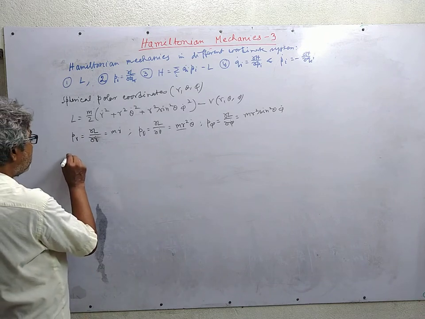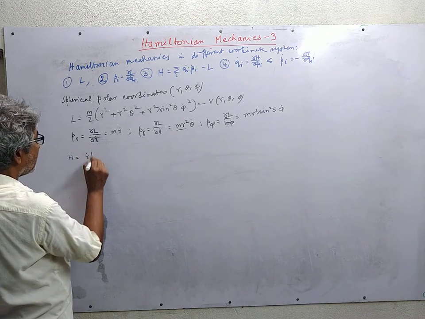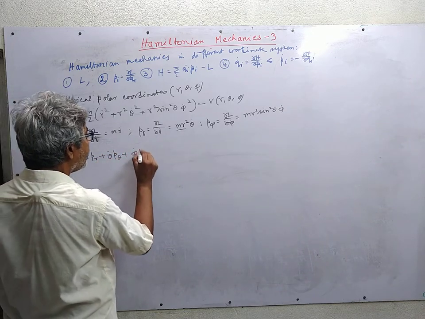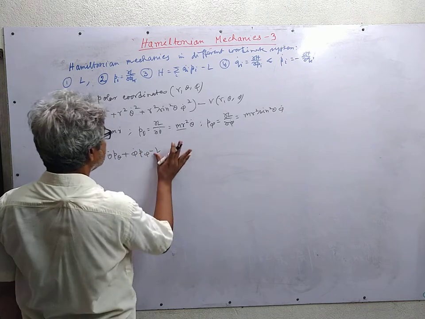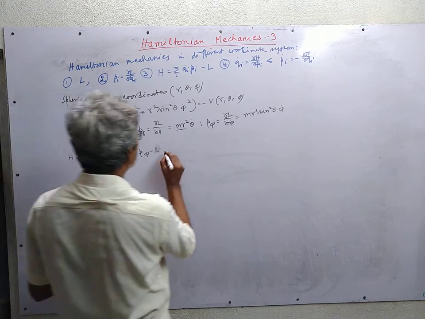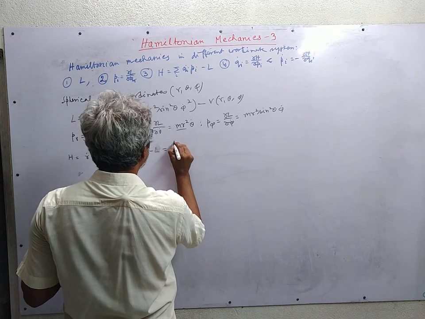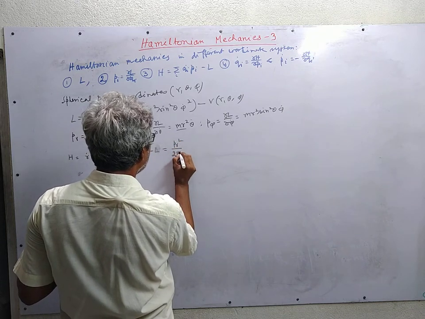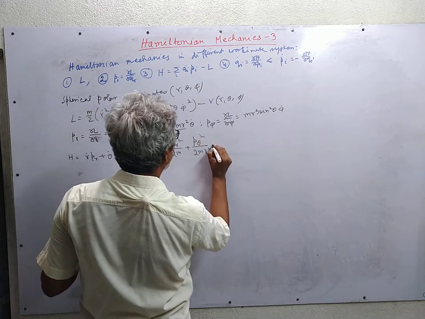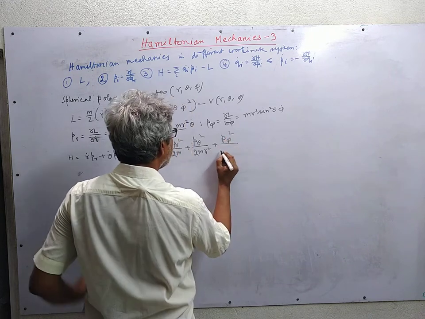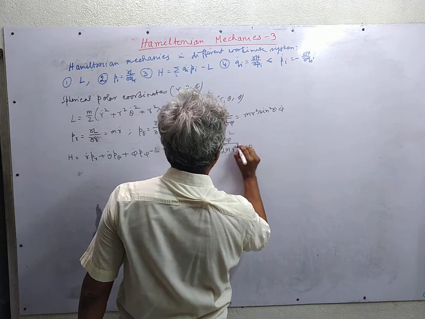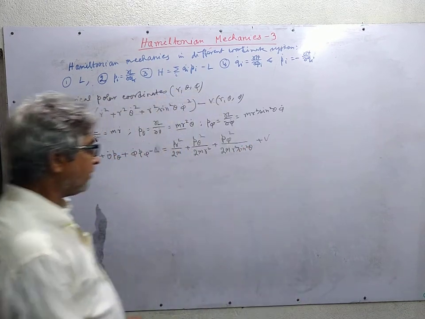So we define the Hamiltonian H is equal to r dot PR plus theta dot P theta plus phi dot P phi minus L, and this becomes PR square upon 2m plus P theta square by 2m r square plus P phi square upon 2m r square sine square theta plus V of r theta phi.